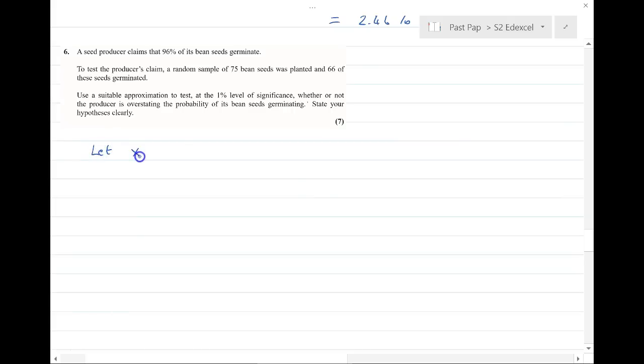So I'm going to let X be the number that do not germinate, X distributed binomial 75, 0.04.